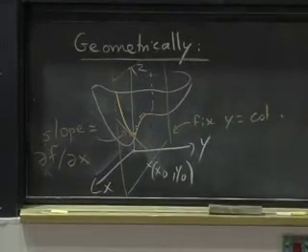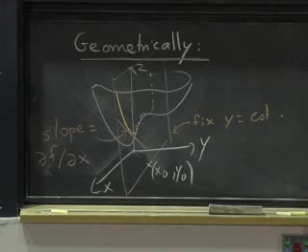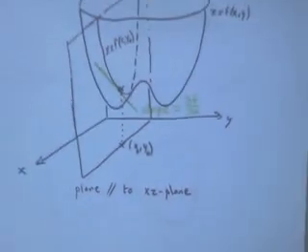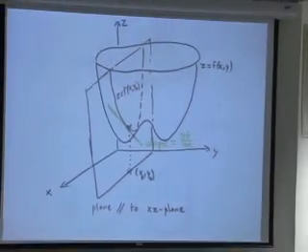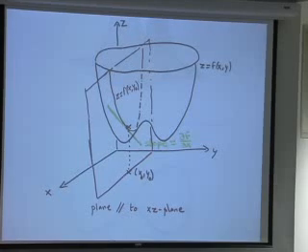I think I have a better picture of that somewhere. Yes, here it is. That's the same picture, just with different colors. I take the graph, slice it by a vertical plane, get a curve, and take the slope of that curve, and that gives me the partial derivative.